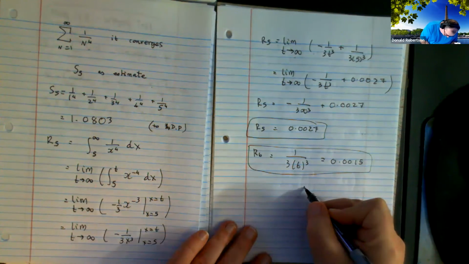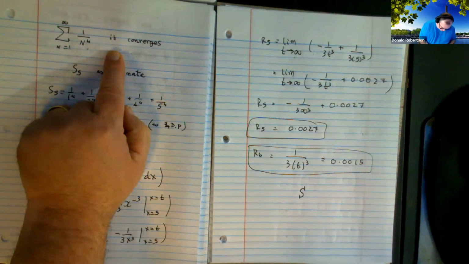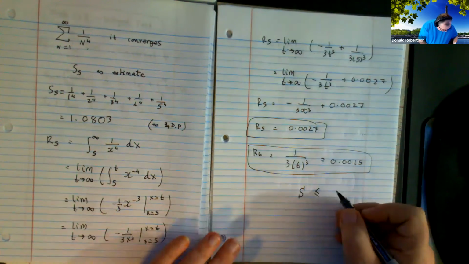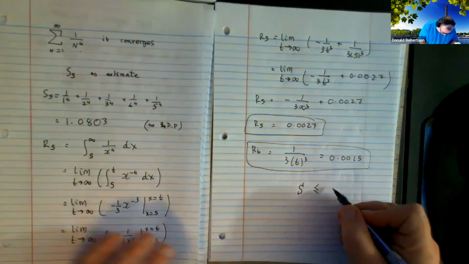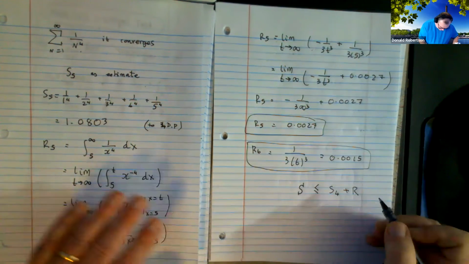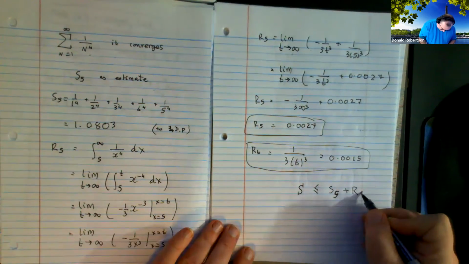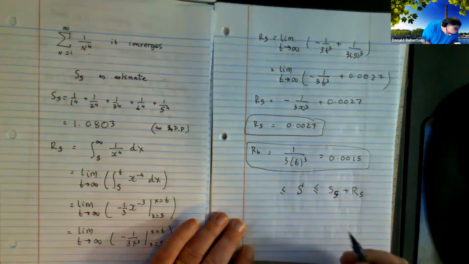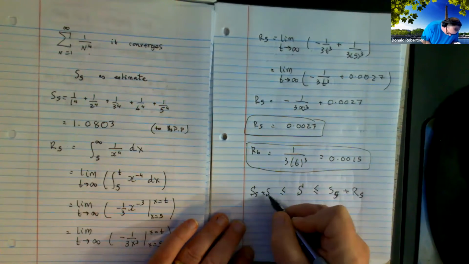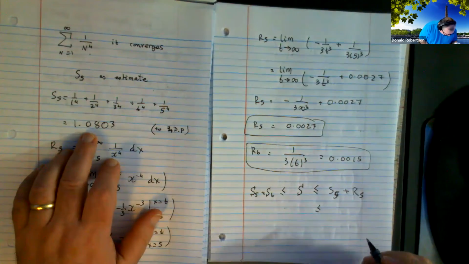And the theory says that S, what that converges to, is going to be somewhere in the range: the guy that we just got, which was S5, plus R5 and S5 plus R6.